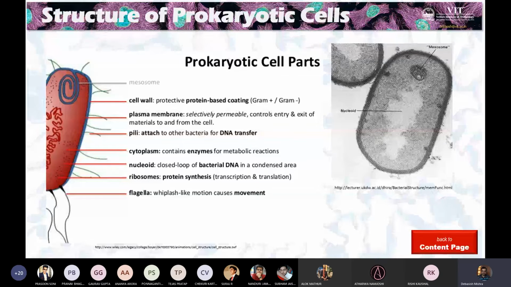If you throw it down, it will burst, of course. But it holds the water together, and it allows molecular transport of many things, including water. We call it a selectively permeable membrane, meaning it doesn't permit everything, but at some duration of time it can permit something. Like it has a check post. Then an extension of the plasma membrane comes out through the cell wall, and this is the pili.